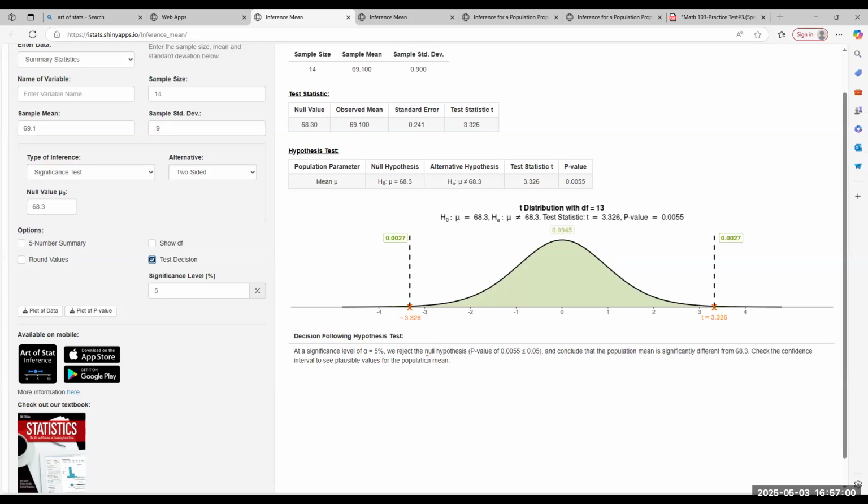So p is less than alpha. We reject the H naught. So something positive about H1: conclude that the population mean is significantly different from 68.3. So we support the claim. Okay? So it's nicely done.